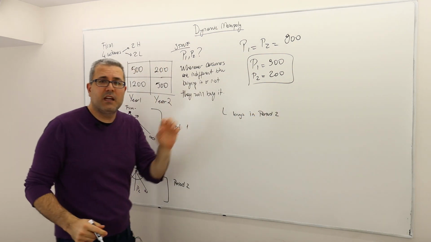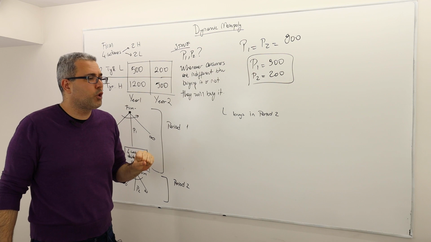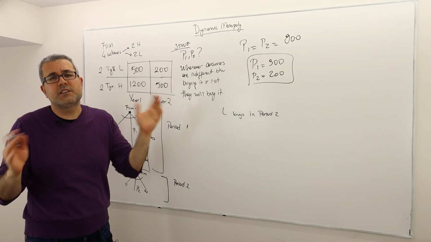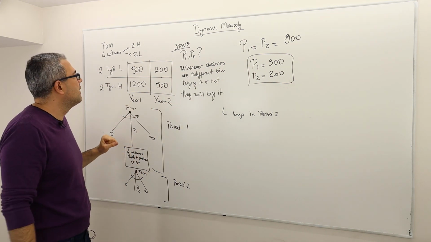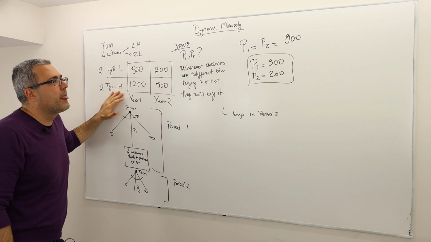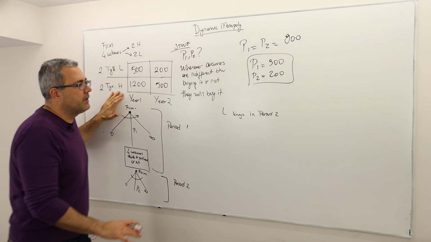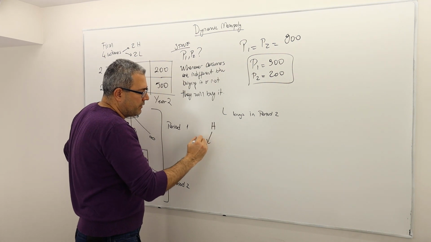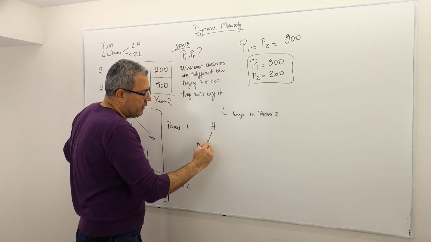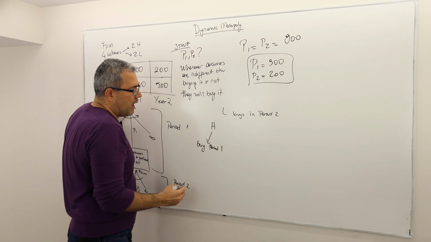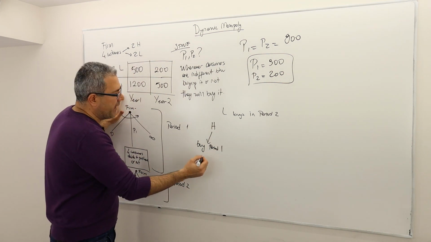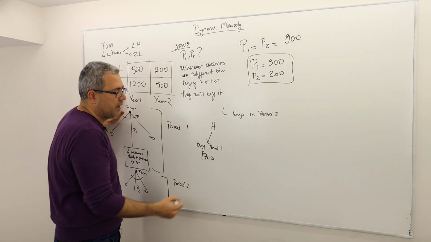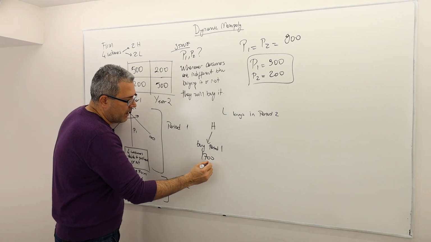Very good. So as a monopolist, I can sell my product to the low types in the second period. Well, what about the high types though? The high types are going to do the following. Look, if I buy as a high type today, in period 1 I mean, I am going to get benefit 1700 and the price I'm going to pay is 900.